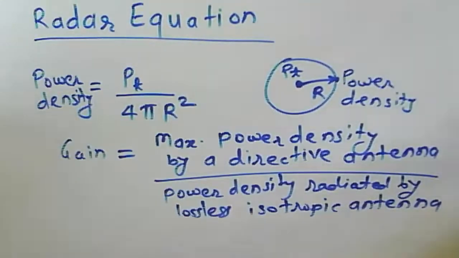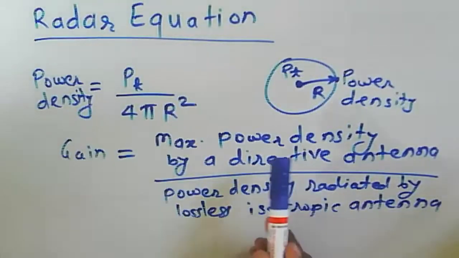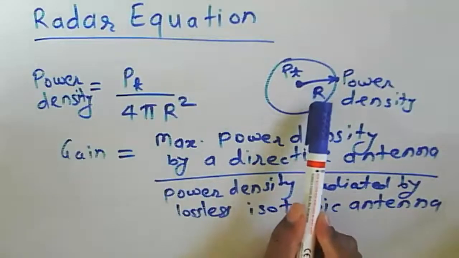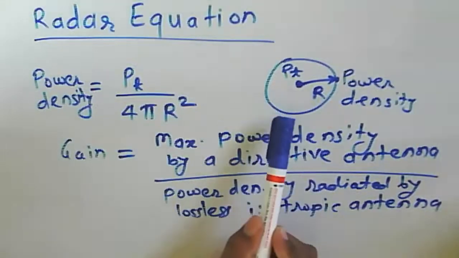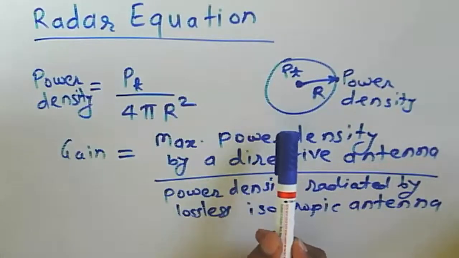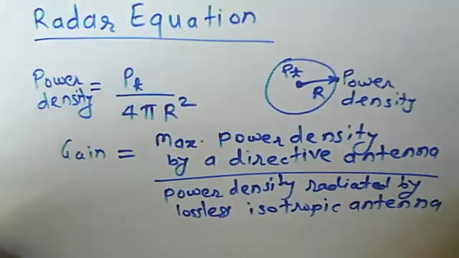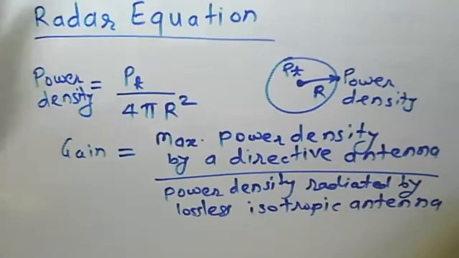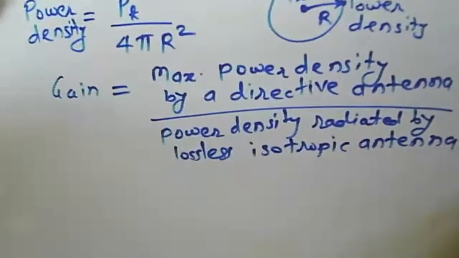So we find the power density by the isotropic radiator. Instead of that, we can find the power density by an antenna that radiates the signal in a given direction, only in one direction.